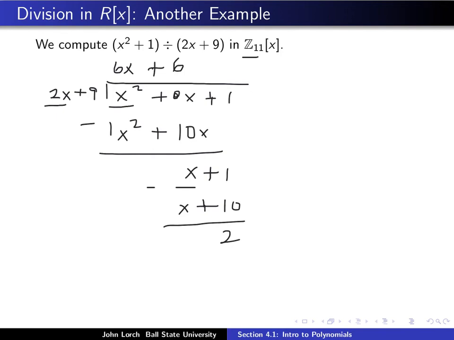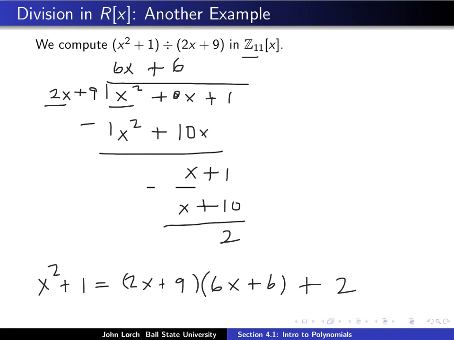And therefore, when we write all this stuff out, we see that x squared plus 1 is 2x plus 9 times the quotient 6x plus 6. And then we have to add on this remainder term, which is 2.